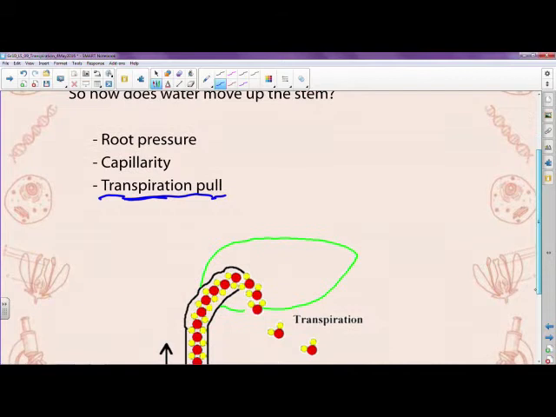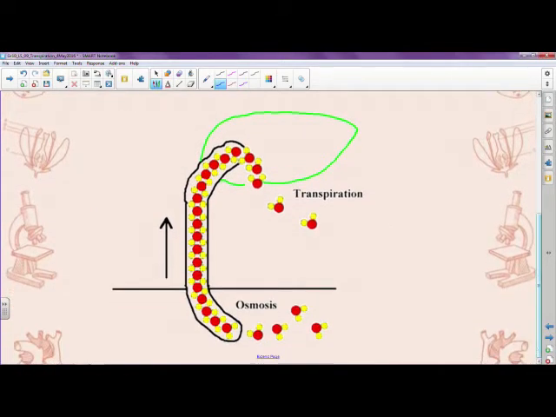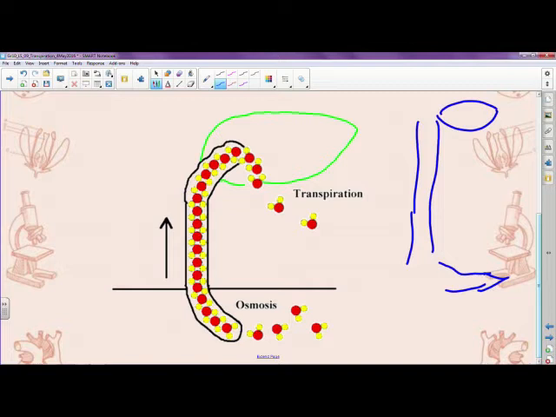Imagine you are a plant. Let's draw a plant. Let's draw the xylem. Here we've got the roots coming in, and then we've got the leaf. So it pretty much looks like that.